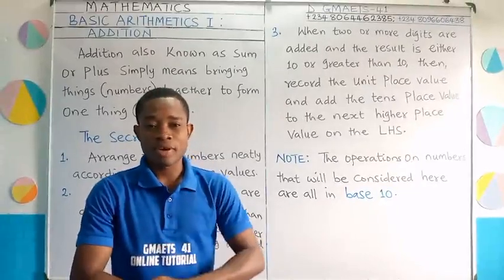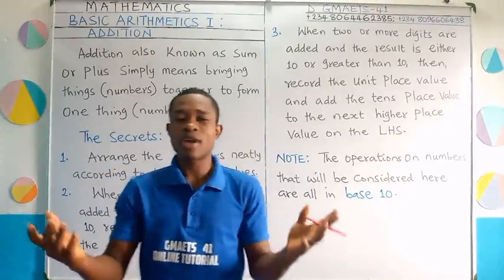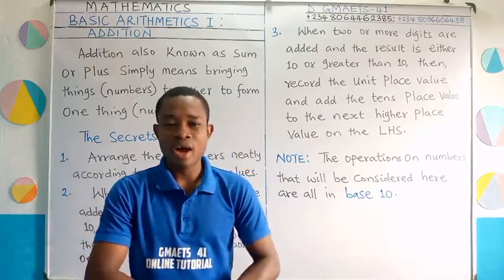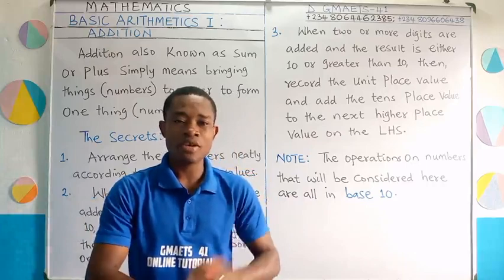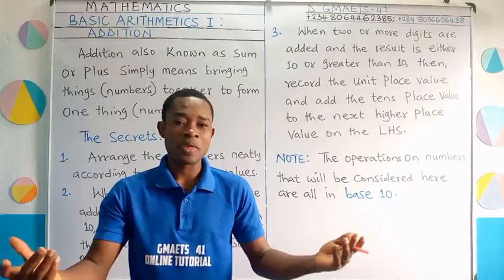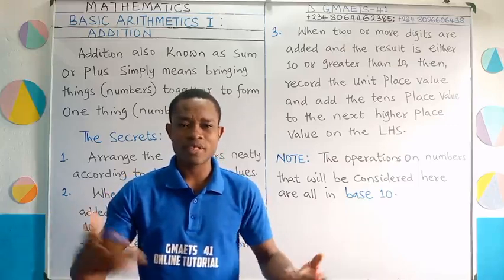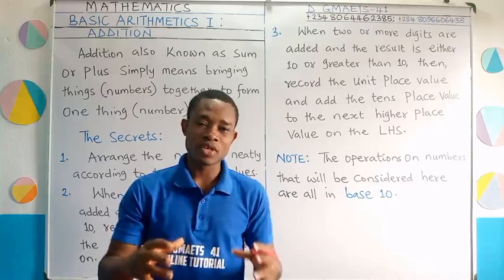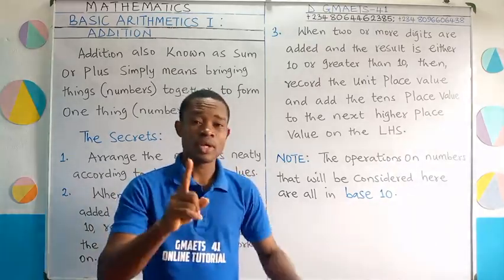I'm saying this because we also have this part of mathematics that we call number-base system, where we can carry out our operations or basic arithmetic in any other base, like base 2, base 3, base 4, base 5, and other bases. But the ones we're going to focus on under these basic arithmetics are base 10 numbers only.